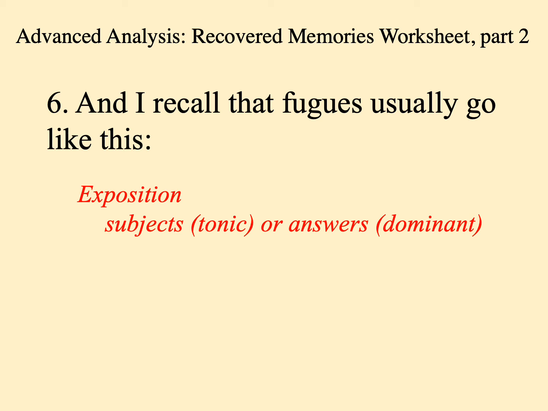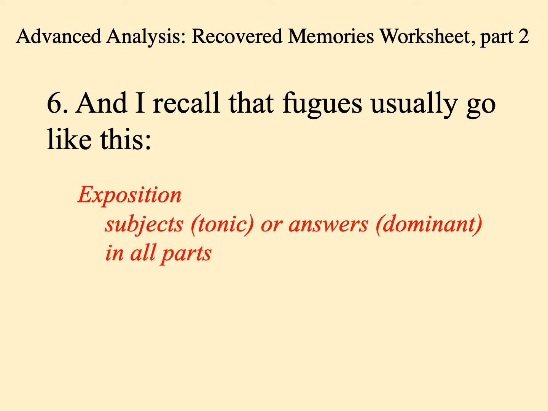So if I play a subject that sounds like it's in A minor, then when I answer it, I'm going to play that same pattern, but I'm going to play it a fifth up or a fourth down in E minor. And an exposition of a fugue is where you state the subject or the answer in every part.